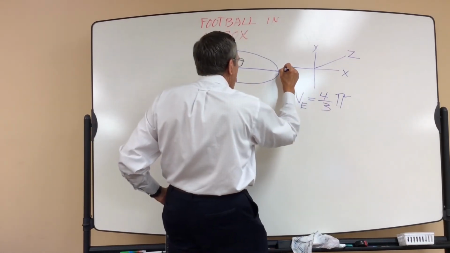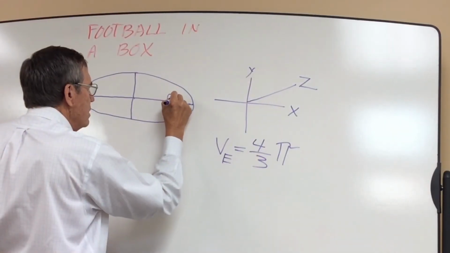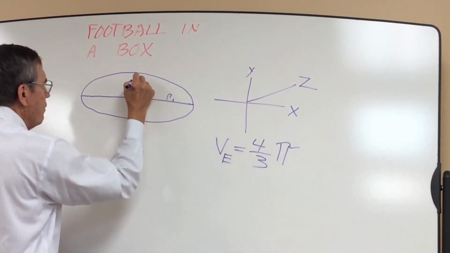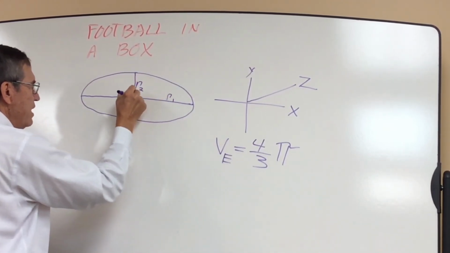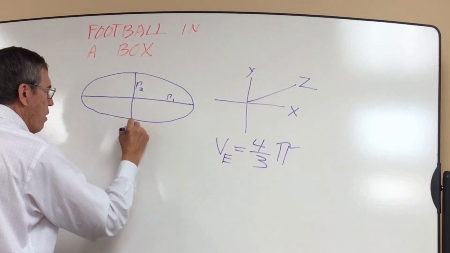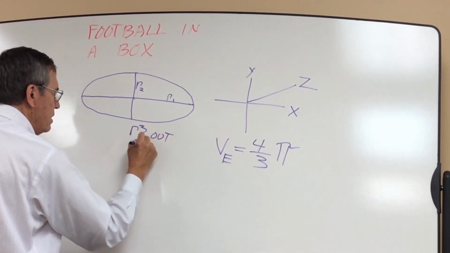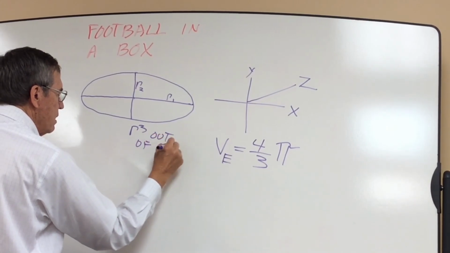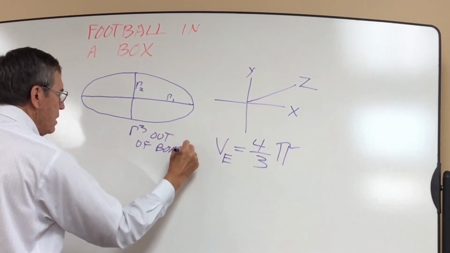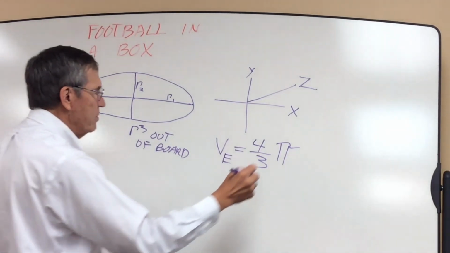So we'll call this R1, major one. We'll call this R2. And then the one coming out of the board will be R3, out of board. And here's how we handle them.